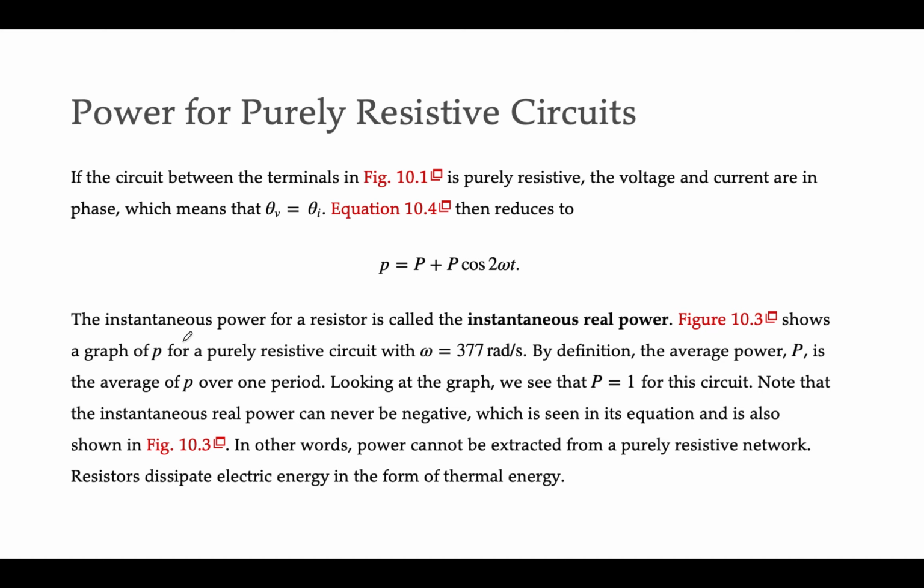I know that sometimes I say a lot of things, and it's hard to know what is really important long term and what is not. So I'll just pause here and say this concept, that if a circuit is purely resistive, the voltage and current are in phase, is a very important concept, not just in this class, but throughout electrical engineering.